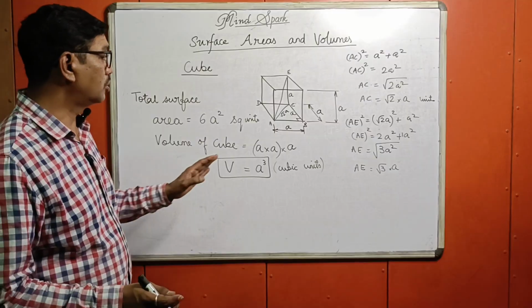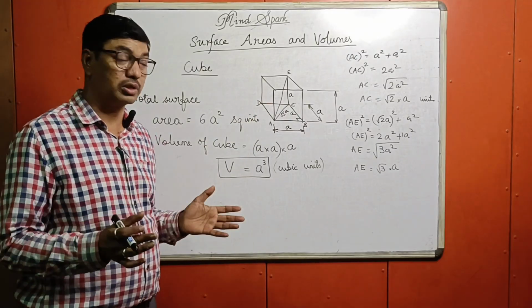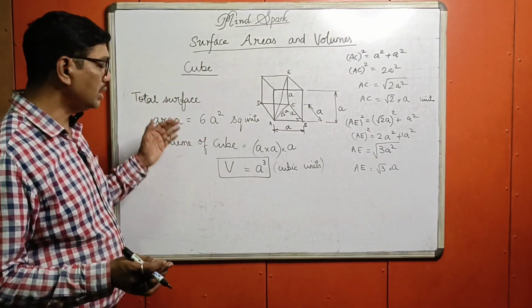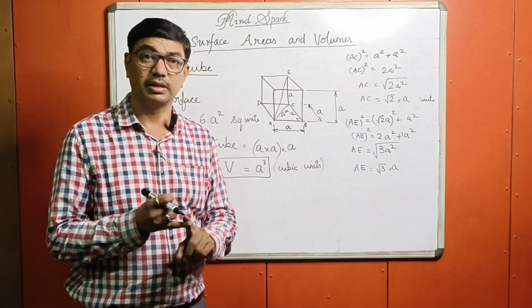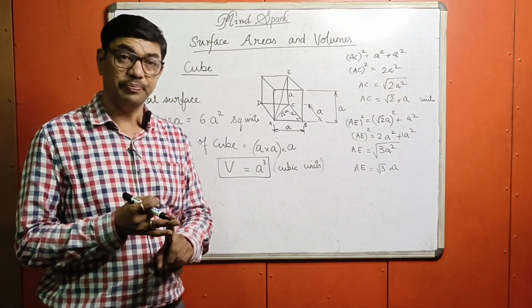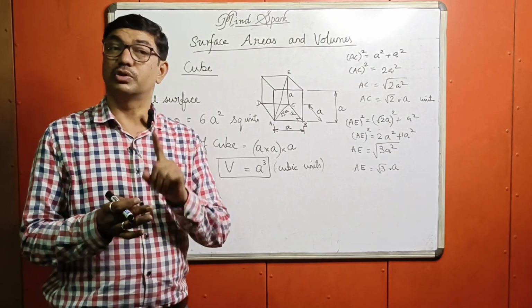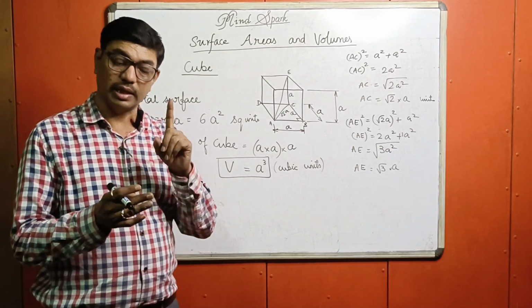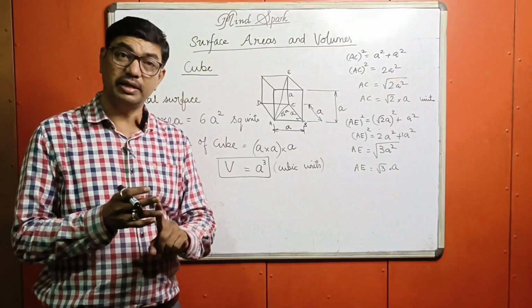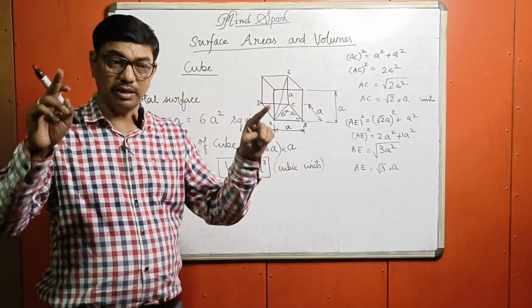So for the cube, I taught you how to draw the cube. Again I'm repeating, any problem you want to solve, first you should write the given and to find. It's compulsory. Then if any diagram is there, you are compelled to draw the diagram. Then you write the formula used, then calculation. In the end you write the result, and for the result you make a box.